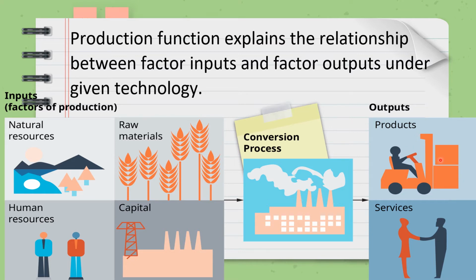And here we have examples of goods and services. So production function is essentially the relationship between inputs and outputs. Any change in the input can bring about a change in the output. This relationship between the two variables, that is inputs and outputs, is studied under production function.